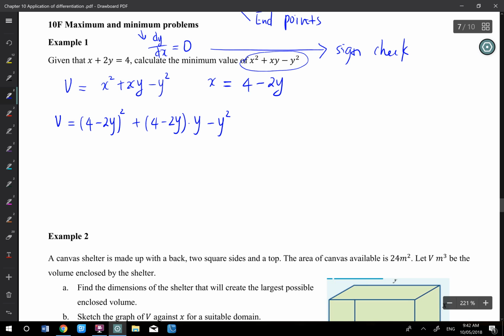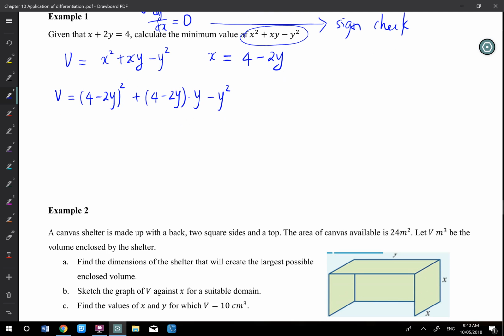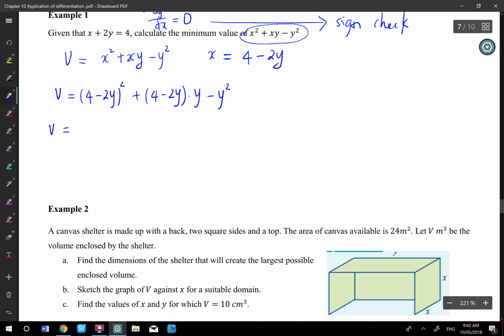Okay, x squared plus xy minus y squared. I replaced all the x by 4 minus 2y. Now I need to rearrange it. I can say that's 4y squared minus 16y plus 16, plus 4y minus 2y squared, and minus y squared.